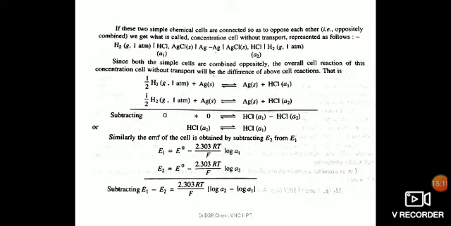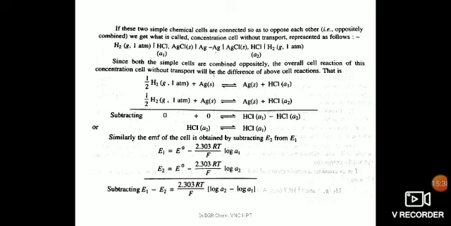Subtracting, we get 0 plus 0 giving rise to HCl minus HCl, equation 1 minus equation 2. Rewriting that, we can write it as HCl at activity A2 giving rise to HCl of activity A1.